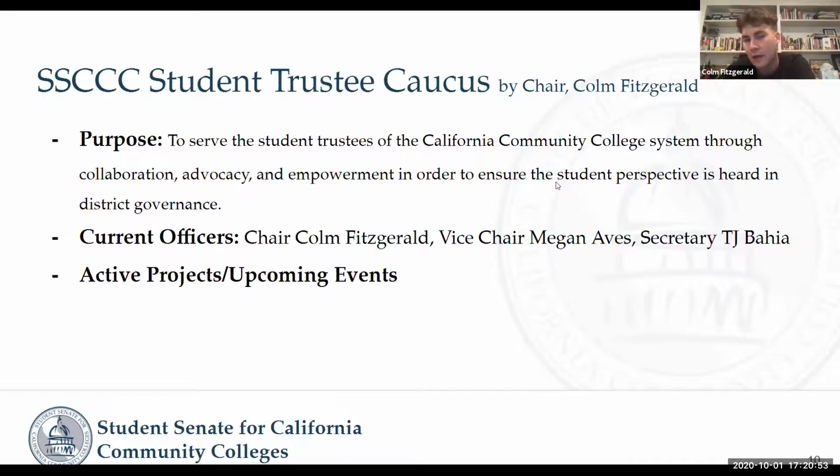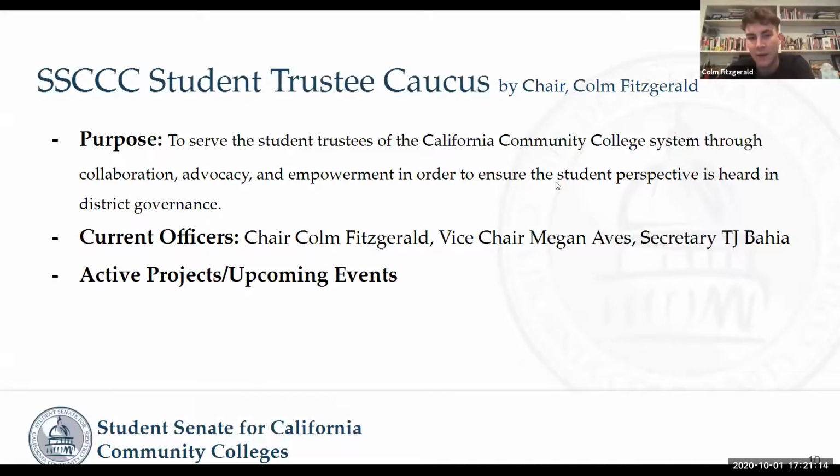Something that Rad3 said really stuck out to me is that while the voting membership of the Student Trustee Caucus is only trustees, that's not to say that the interests the caucus advocates are only the interests of trustees.